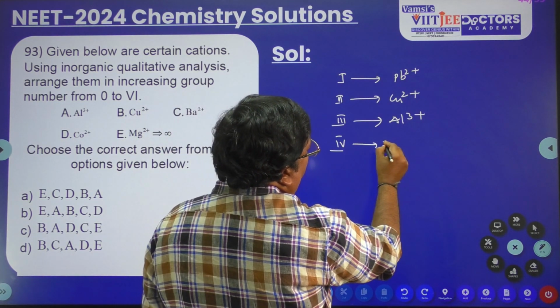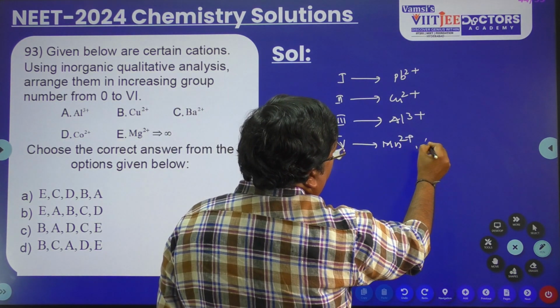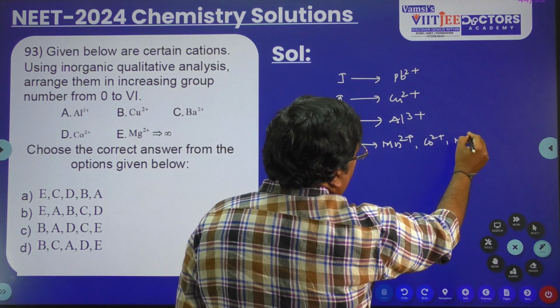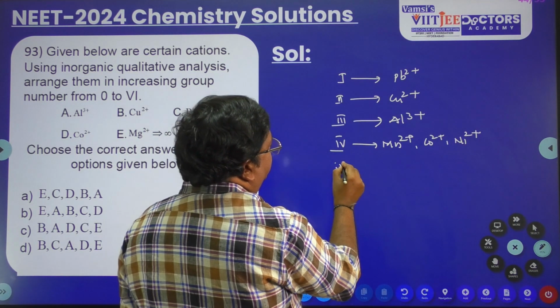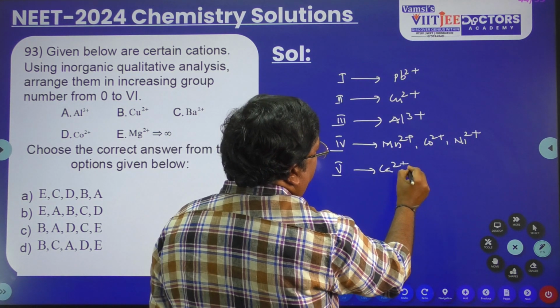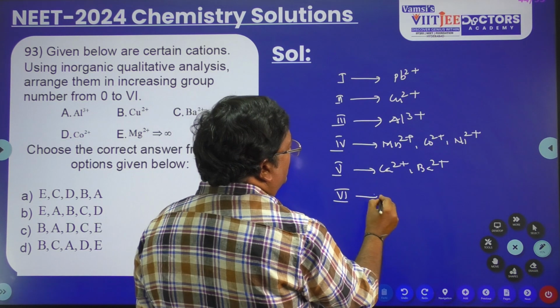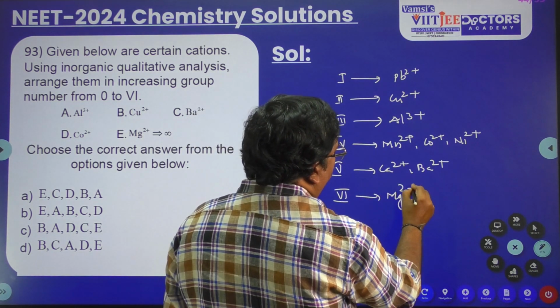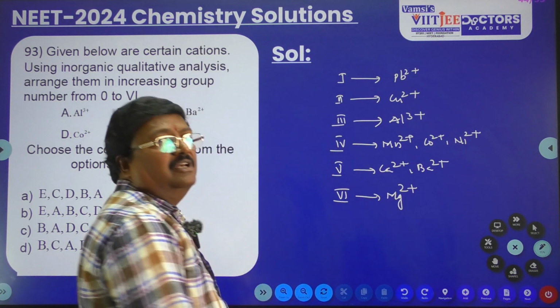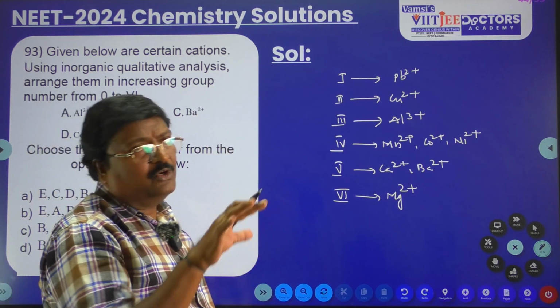Fourth group, we can take manganese, cobalt, nickel, like that. Fifth group, we can take it as calcium, barium, strontium. Sixth group, we can take it as magnesium ion, potassium ion, like that. So this order you must know first.